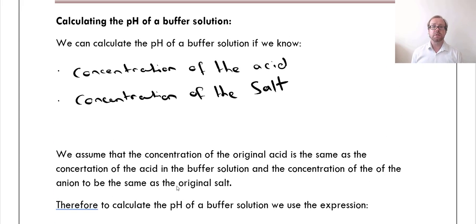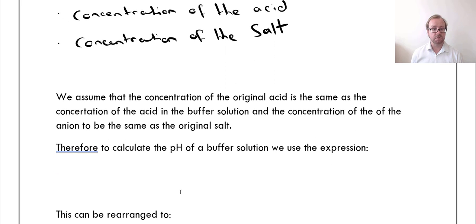And we assume that the concentration of the original acid is the same as the concentration of the acid in the buffer solution, and the concentration of the anion to be the same as the original salt. Okay, and again, the reason for this is because it's a negligible difference when we were talking about the assumptions to work out a weak acid. It's for the same reasons.